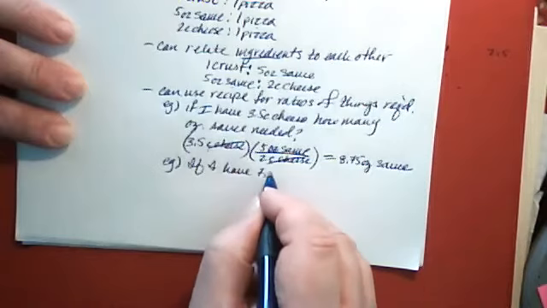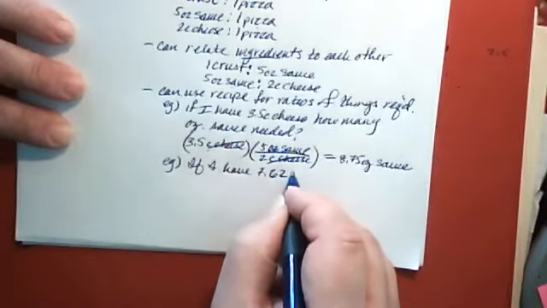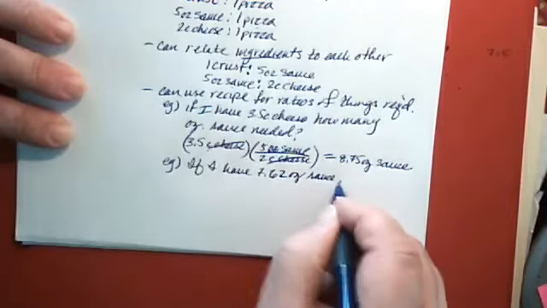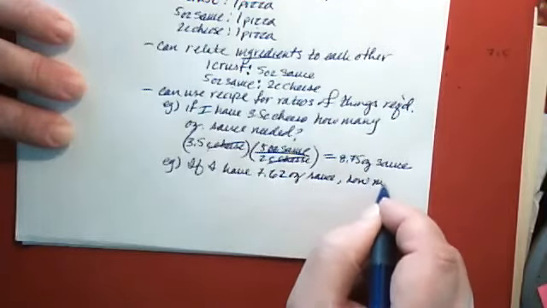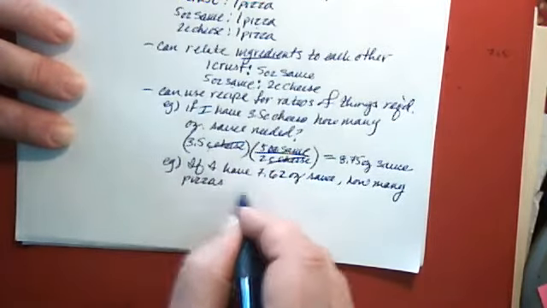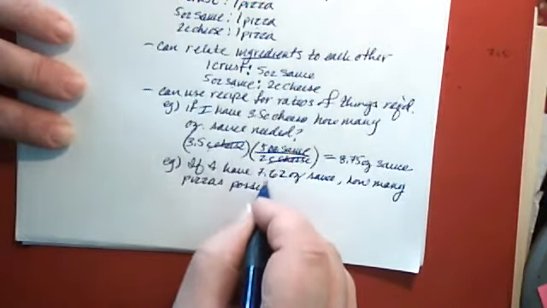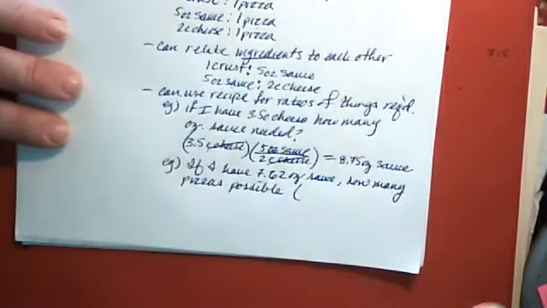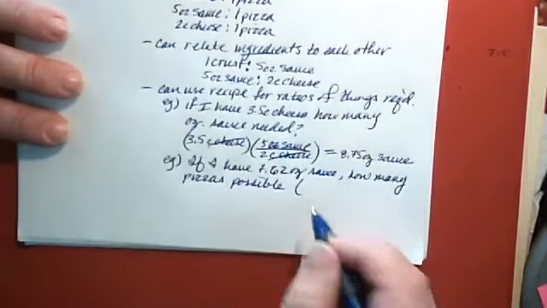So if you have 7.62 ounces of sauce, how many pizzas would be possible? That's assuming that you have enough of the other ingredients.